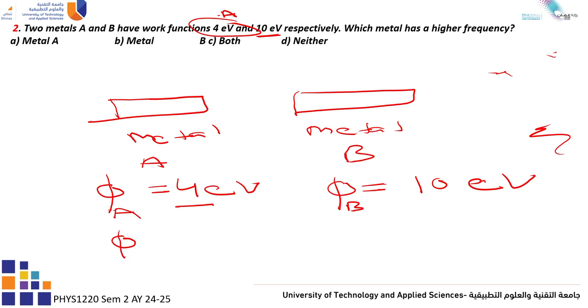There are many formulas, but I need here this formula: the work function is equal to the Planck's constant multiplied by the frequency. Frequency means here it will come f naught, not f, this is a cutoff frequency, so here naught will come.